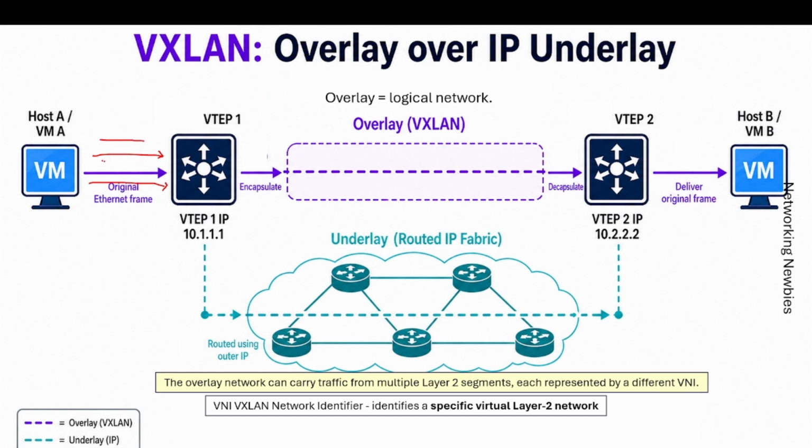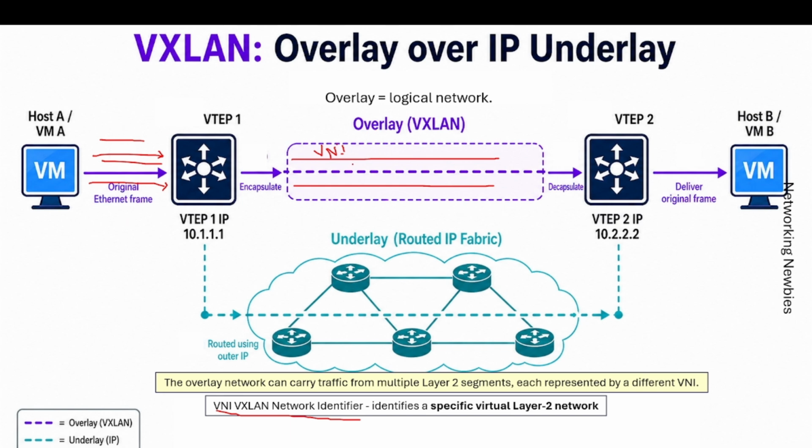So we can have multiple VNIs, with traffic being sent using different VNIs. The VXLAN network identifier identifies a specific layer 2 network. It means multiple layer 2 networks can exist on this overlay network.